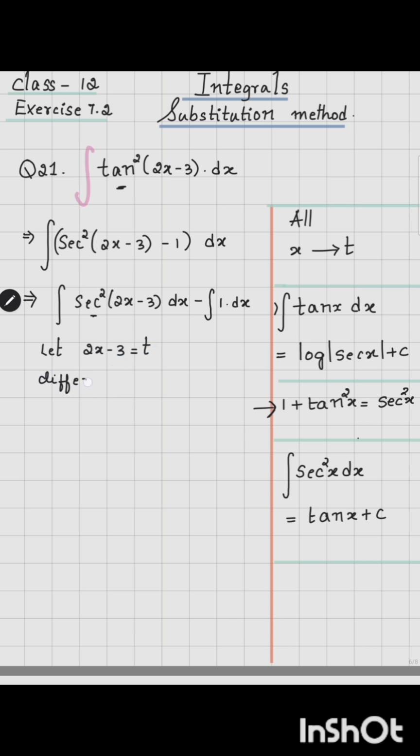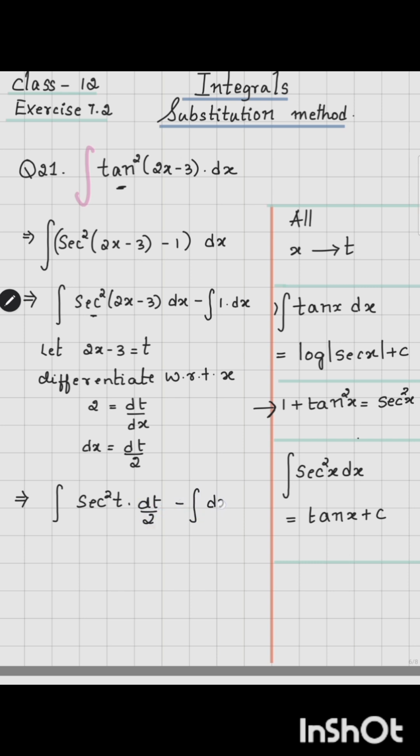Now we differentiate with respect to x. We get 2 equal to dt by dx, so dx will be equal to dt divided by 2. Now this implies the integral of secant square t dt by 2 minus the integral of dx, which is 1 by 2 integral of secant square t dt minus the integral of dx. So this is 1 by 2 tan t minus x plus c.